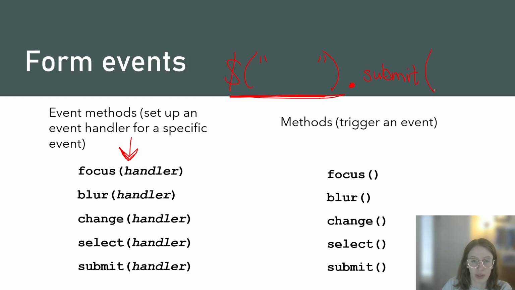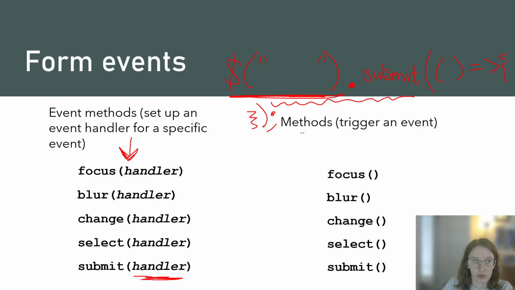So this will set up an event handler. What I need to put in parentheses is that actual event handler, that actual function. For example, I could do an anonymous function like this, and then have code inside of here.